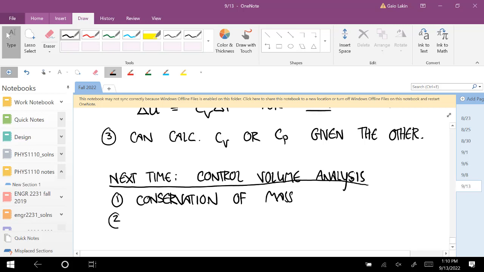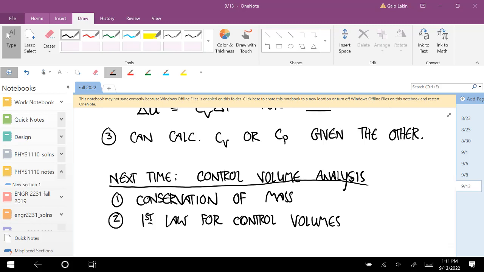And then second, the one we're going to use more is the first law for control volumes. And this gets surprisingly messy.